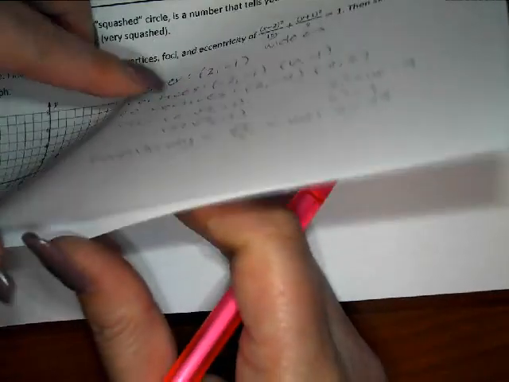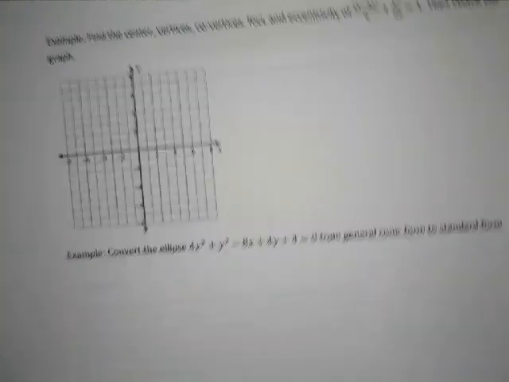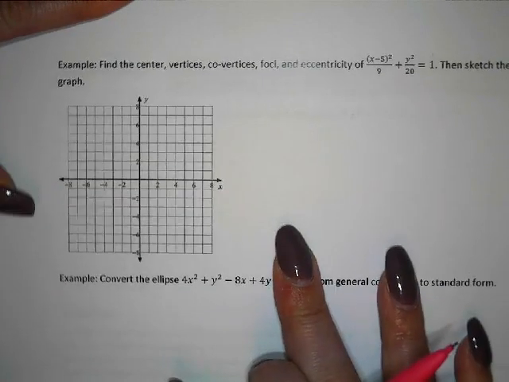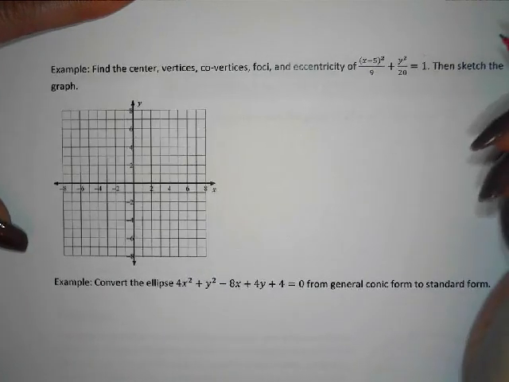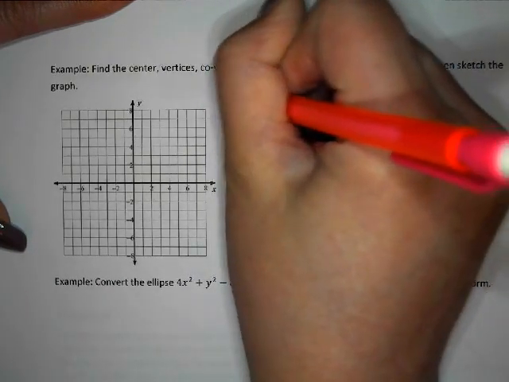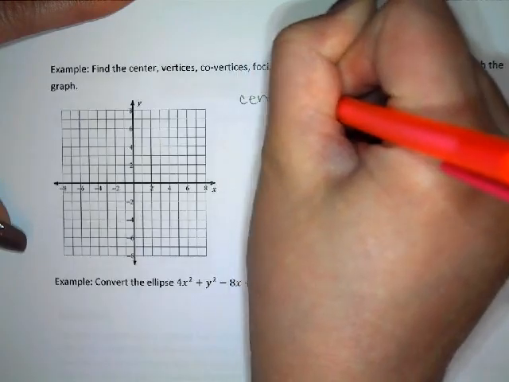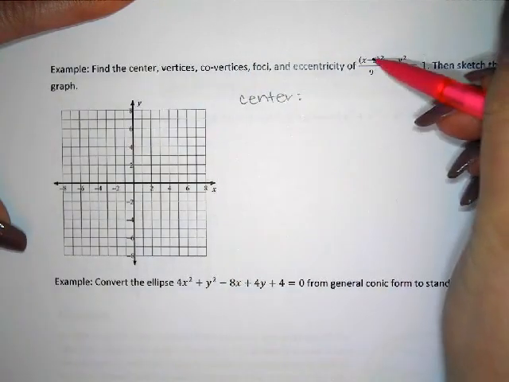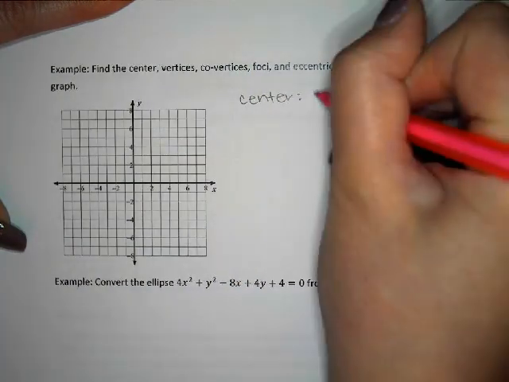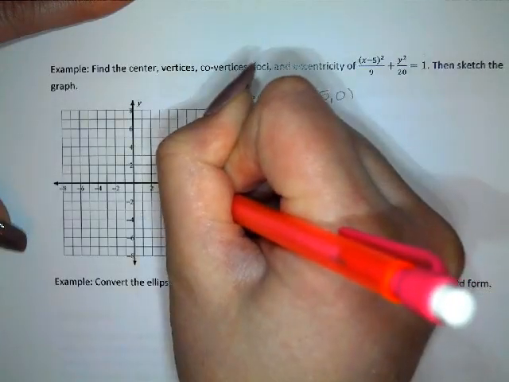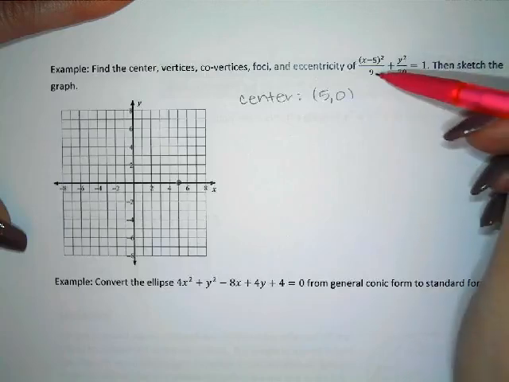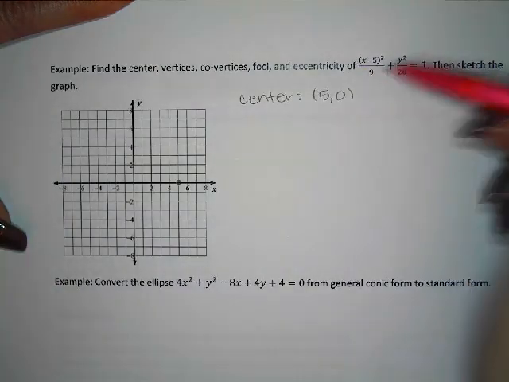All right, let's try again on this next one. Same thing: center, vertices, co-vertices, foci, eccentricity. So for this one, the center is at positive 5, 0. Our left and right radius is 3. 1, 2, 3.